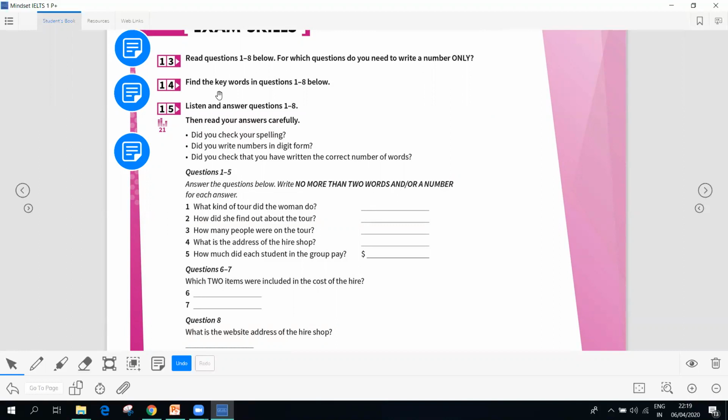Focus on content words, especially nouns and noun phrases, and also focus on the question words or phrases. So find the keywords in these questions. This is task 14. Go back to your Moodle page and complete the task.